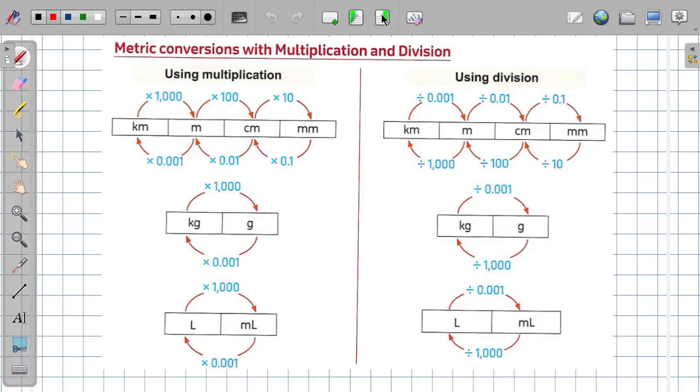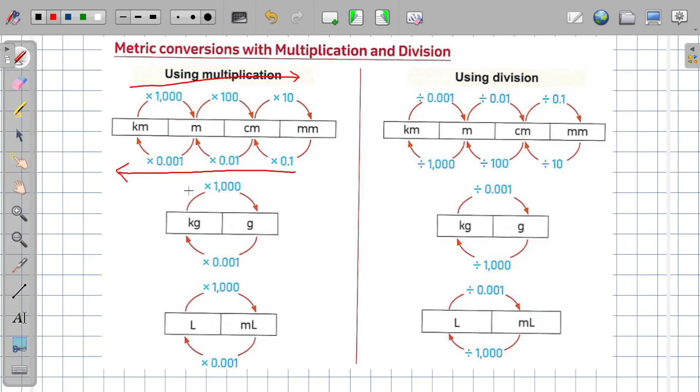Okay, so in the units of length, we have kilometers, meters, centimeters, millimeters. So if we want to convert from the big unit to the small unit, we will multiply by a whole number. And if we want to convert from a small unit to a big unit, we will multiply by a decimal fraction.